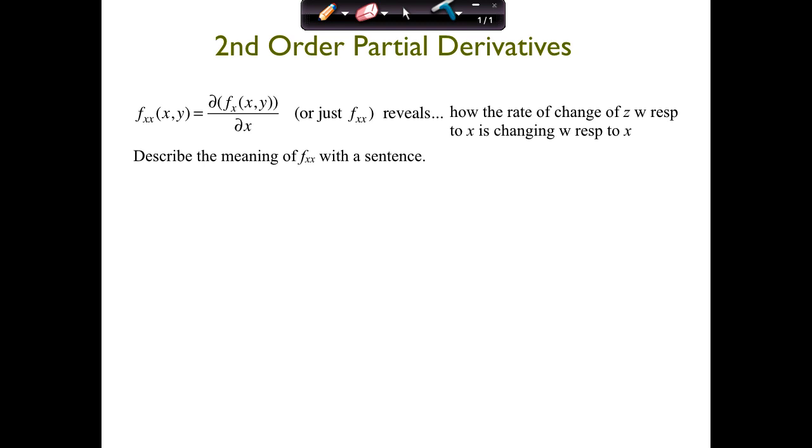Okay, Lucas and Jake are talking it out. You guys have an idea? Kyle? Would it maybe be like how the partial derivative changes? Yeah, so that's kind of what we said there. It's how the partial derivative with respect to x changes with respect to x. So maybe how the intensity of the partial derivative changes as you move along the surface.